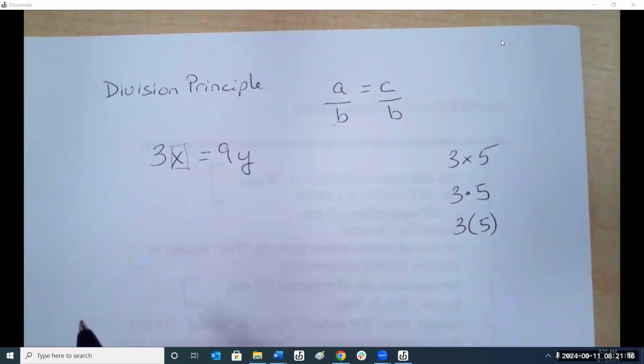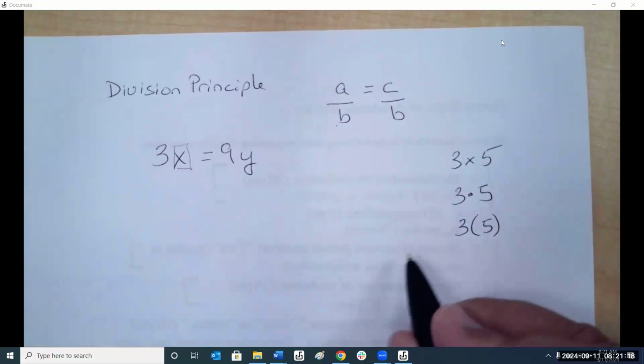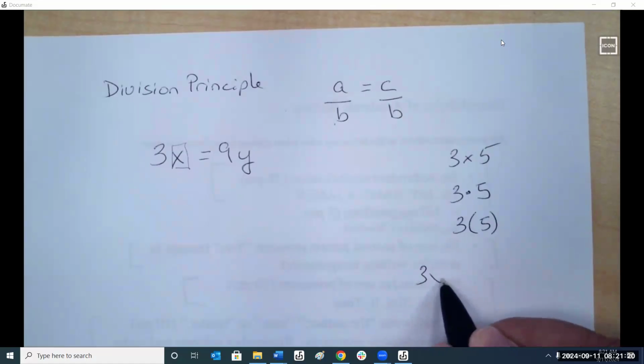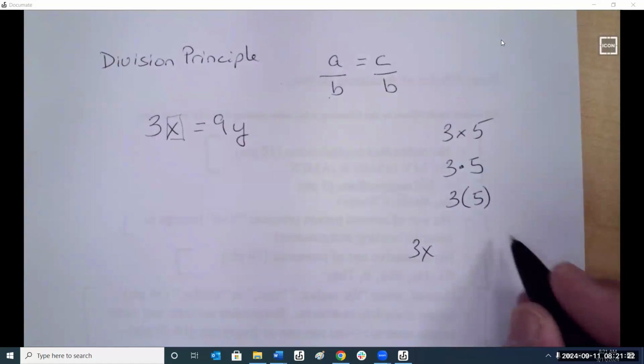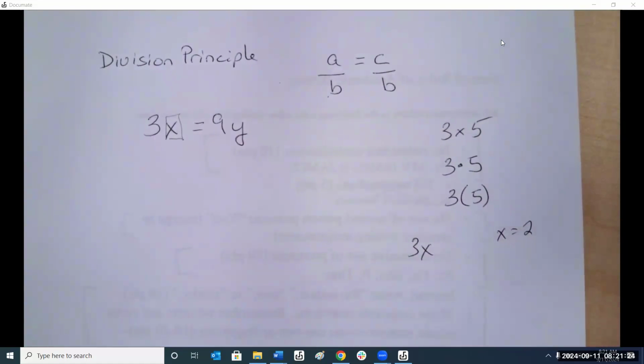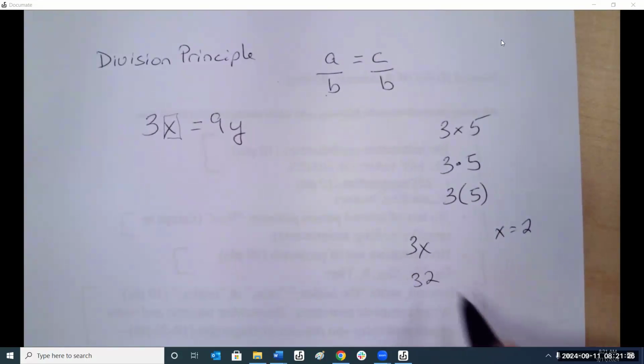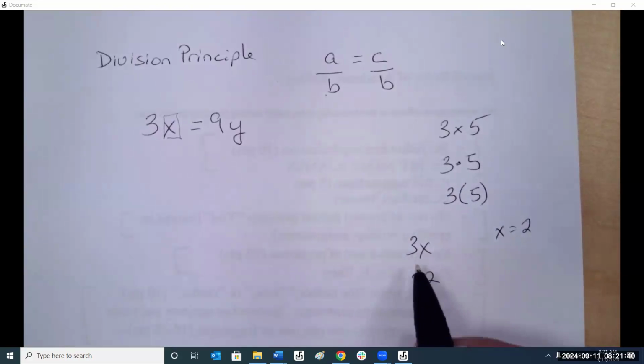The most common mistake students make, I'm not saying you're going to do that, is if I gave you this and said x equals 2, what's wrong with writing 32? It's a logical idea, but it's not how it works, because this is 3 times x.